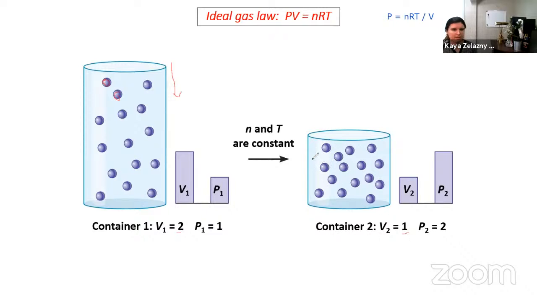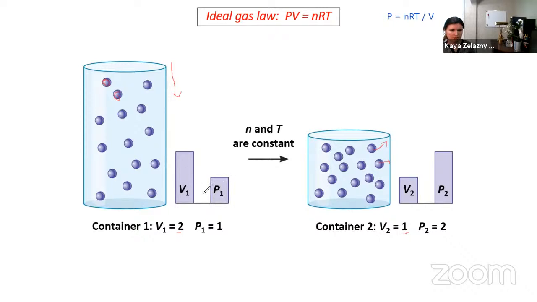As they move around, they bump into the walls of this container more. They exert more pressure out, therefore. They're more compacted, so there's kind of a force stored in that concentration of molecules. So we see that as the volume went down, the pressure went up.